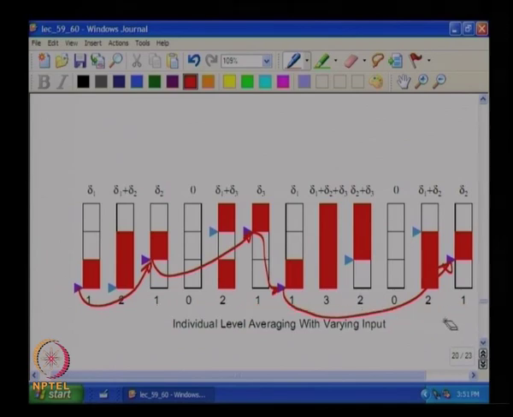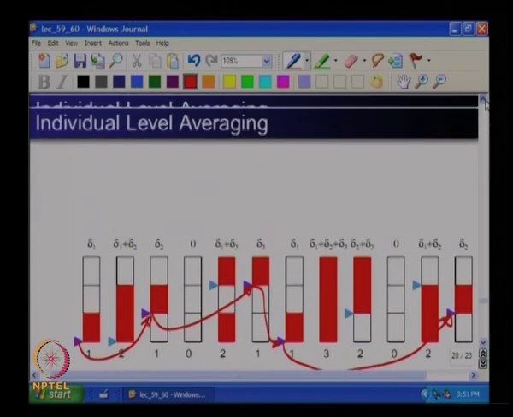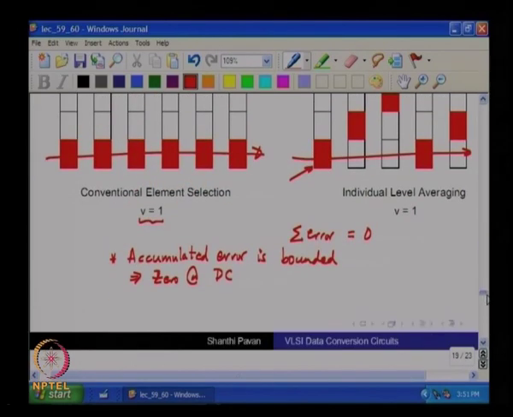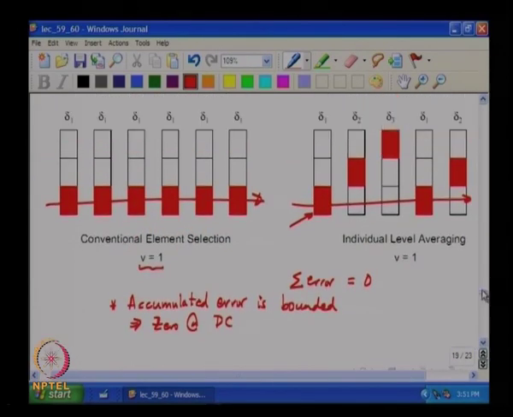If you just look at those instants of time where v equal to 1, if I picked out only those pictures and put them side by side, this is how it will look.